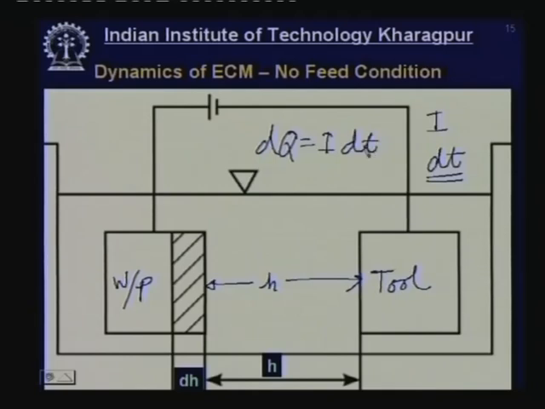Because of that passing of charge, there is further dissolution. So, over time, this distance is going to increase. This is called the dynamics of electrochemical machining. We are not feeding the tool; the tool is fixed here, it is not moving. So, we want to study what happens to this gap under the no feed condition.